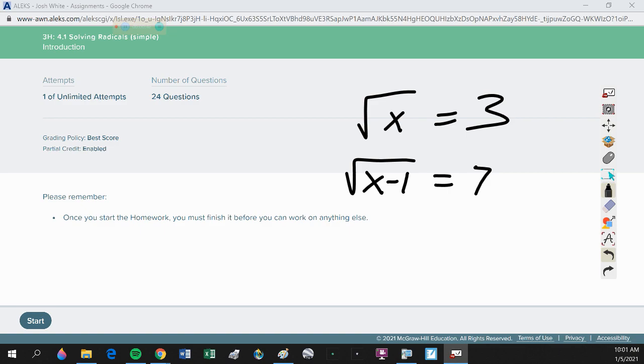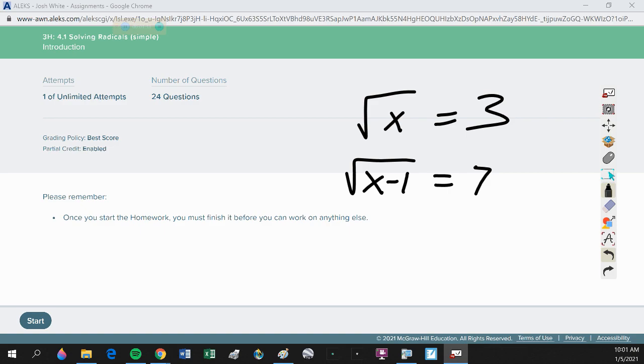That's a little bit harder. Not 48. You're close. 50. So what number can I subtract 1 from and then take the square root and get 7? So it would be 50.